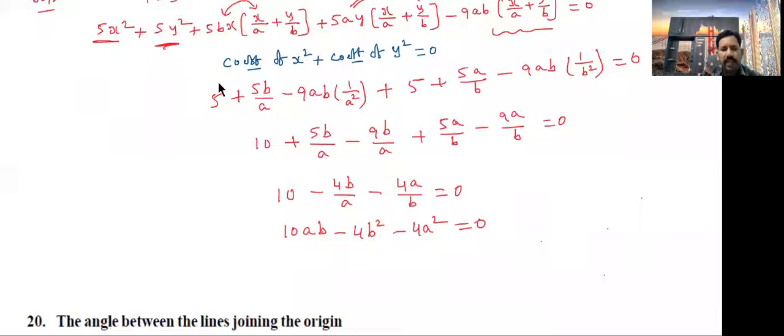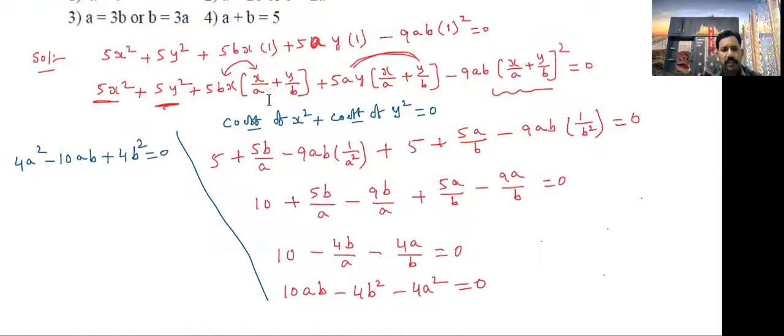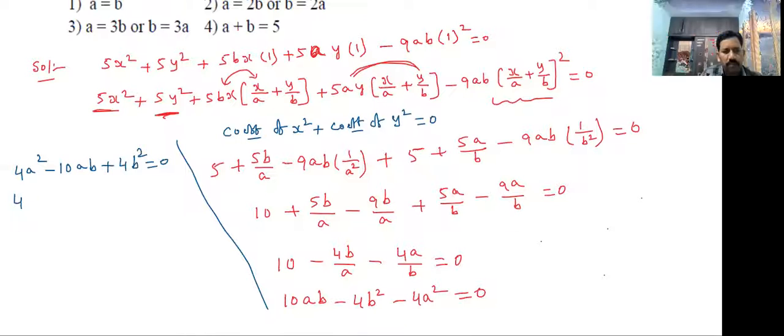Finally, write in this particular order. So I am writing here, take minus common, 4a square minus 10ab plus 4b square. Students, split into factors. What do we get? 4 4s are 16. 10 I am writing as minus 8ab minus 2ab. 8 2s are 16, or not? 4b square.